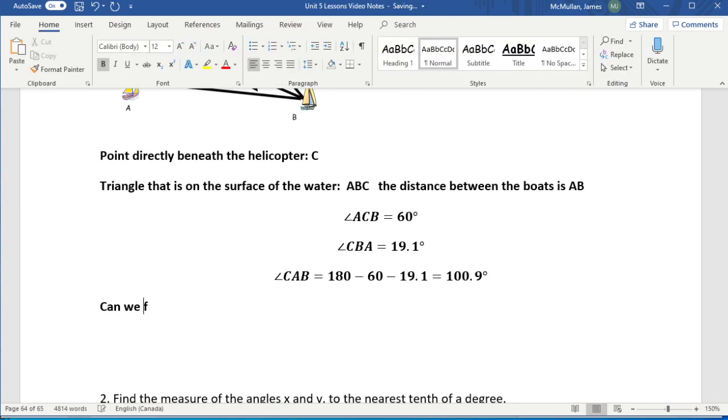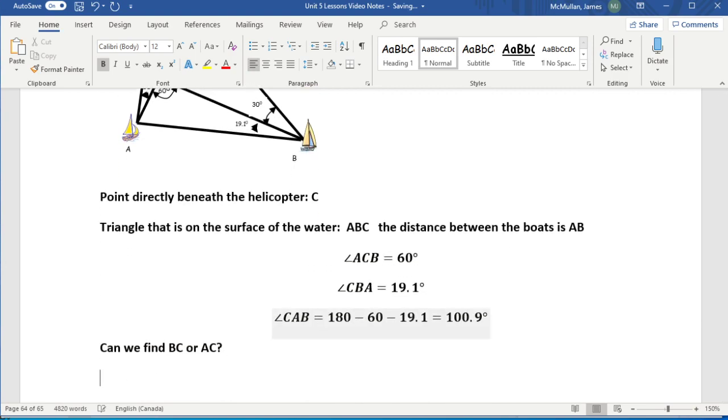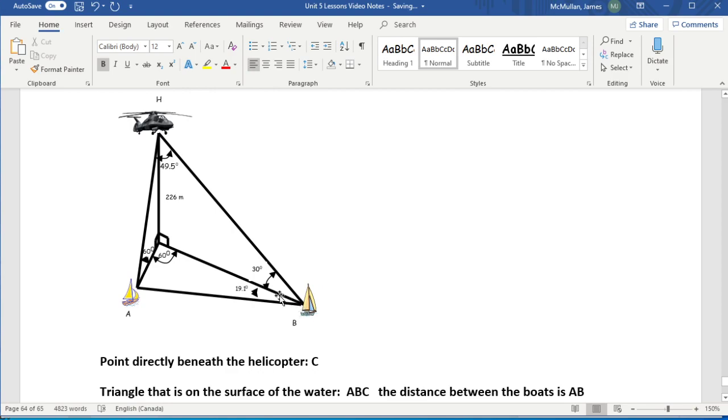Can we find BC or AC in order to answer the question? Now BC you can find. So this time let's consider triangle BCH. This is B directly across to under the helicopter, straight up to the helicopter, and then straight back down. We know that this is a 30-degree angle.